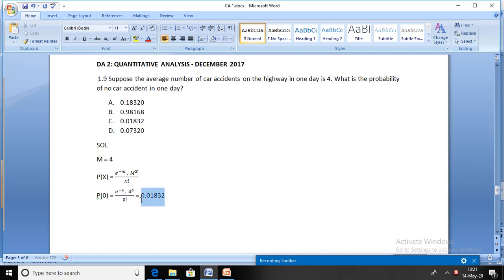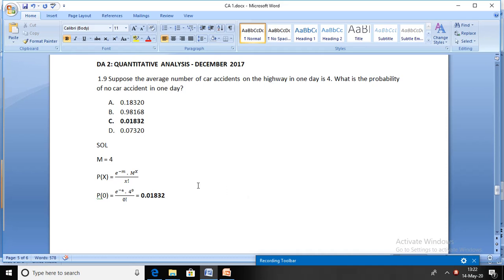So this is the correct answer. The correct option for this question is option C. You'll find the exponential key on your calculator. You'll find the factorial key on your calculator as well.